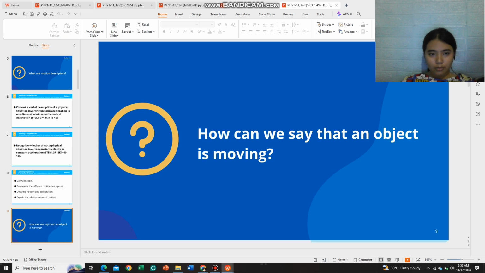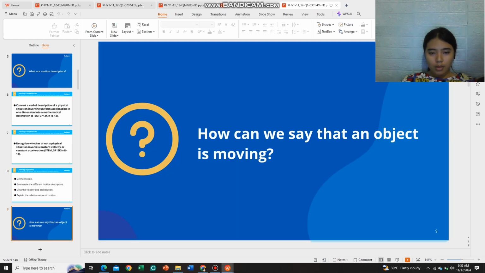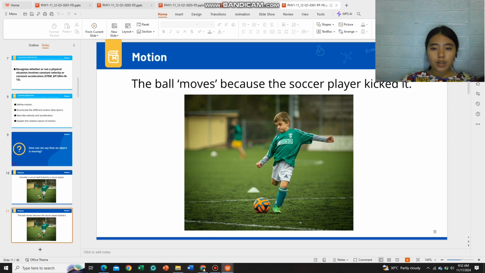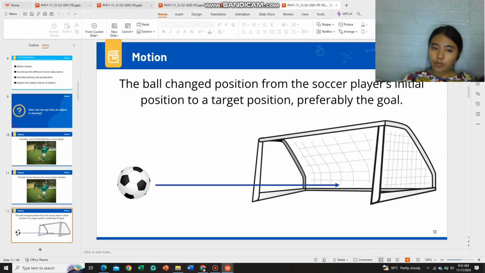Last lesson is motion descriptors. Okay. So how can we say the motion if the object is moving? Of course, if it moves from one direction to another.